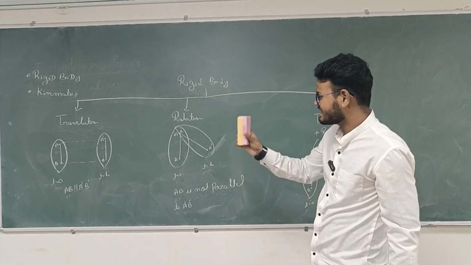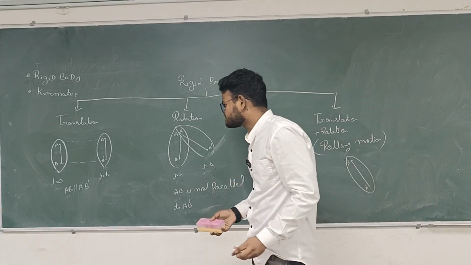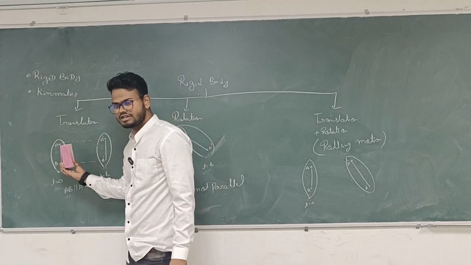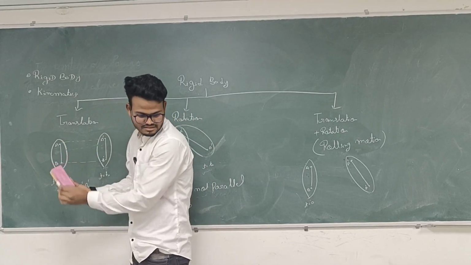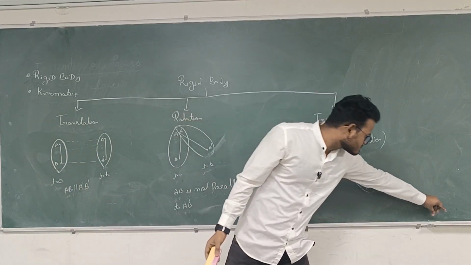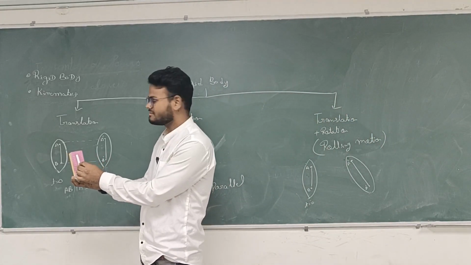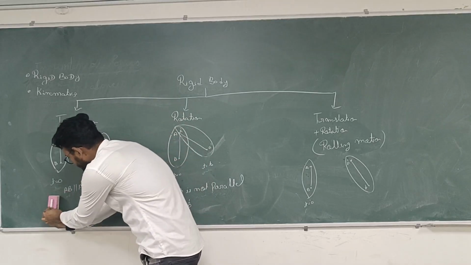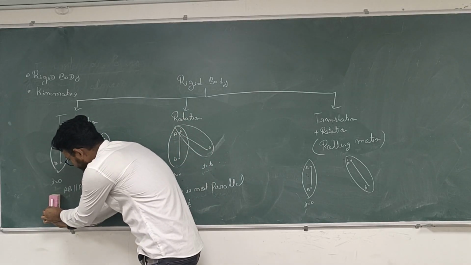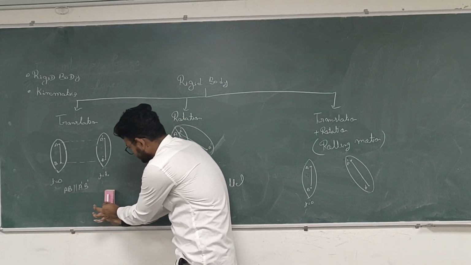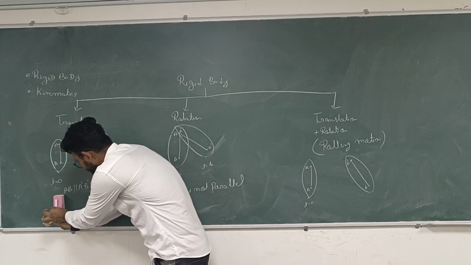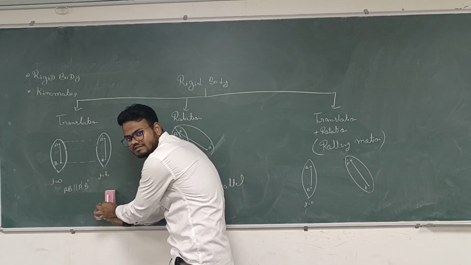Let us understand by taking this duster. Let's suppose this is an arbitrary body, and these are 2 points on this body. If this body is performing translation motion, then it will move like this, so the points stay parallel.